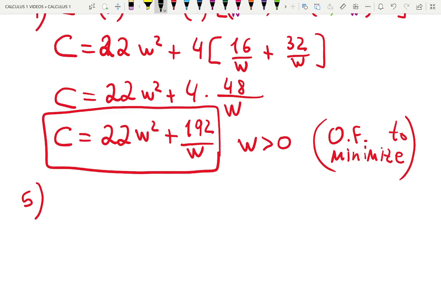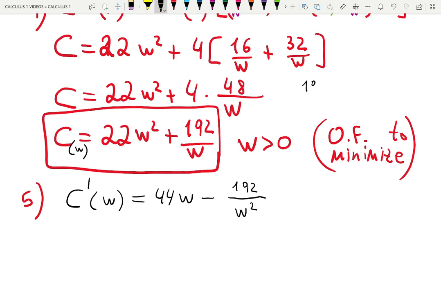To find the minimum of this function, we're going to differentiate it, which, by the way, depends on w now. Only one variable. In calculus 3, we will be taking derivatives of functions with 2, 3, 5 variables, and that will be super fun. 44w minus, w squared is in the denominator, and then 192 is in the numerator. Was it too fast? Let me make it slower.